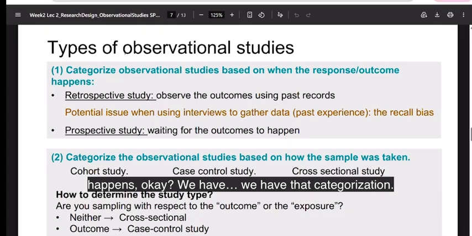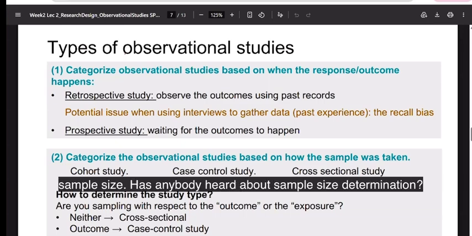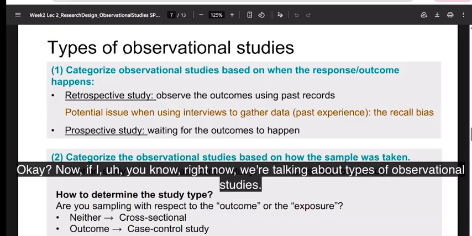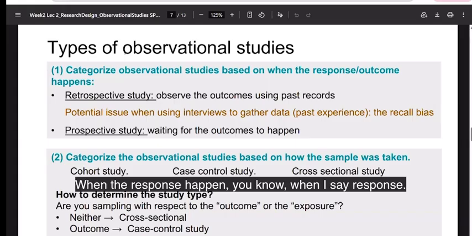We may also categorize them based on how we choose sample size. Has anybody heard about sample size determination? Right now we're talking about types of observational studies, and we want to look into that when we categorize based on when the response happens, that is, when the outcome happens.